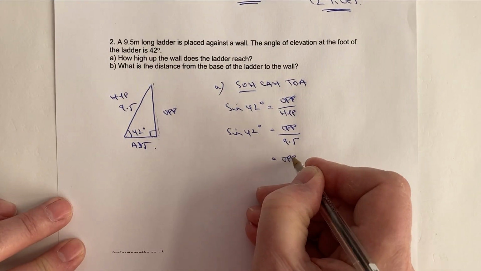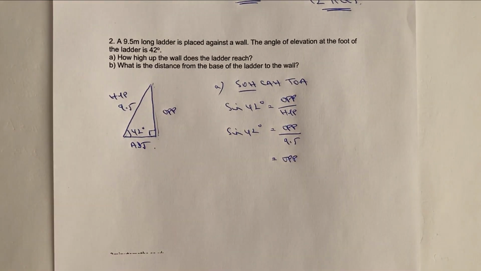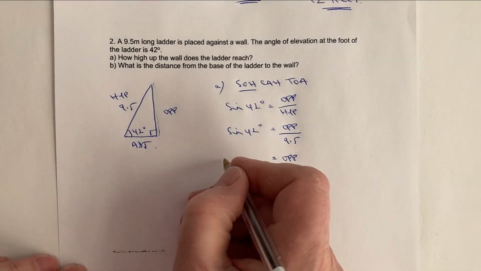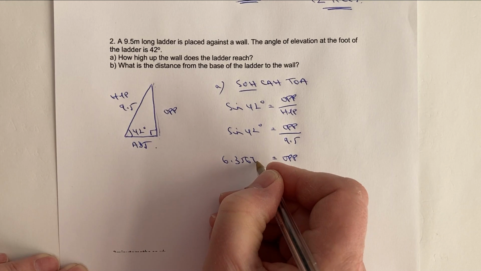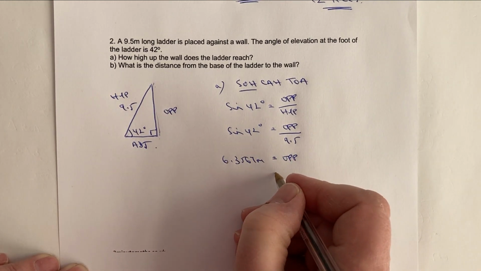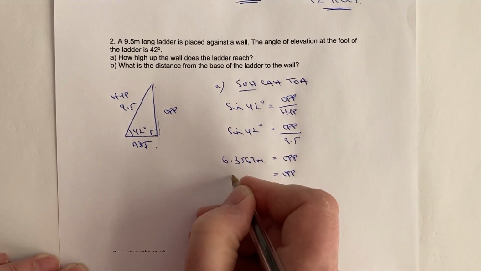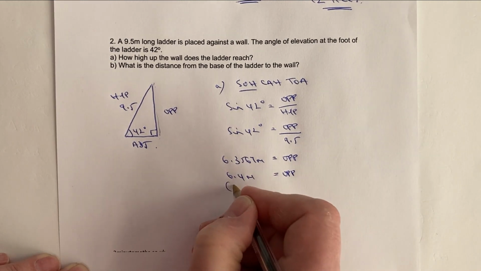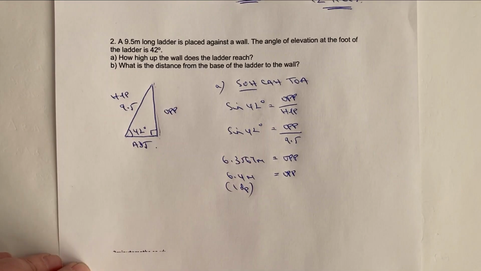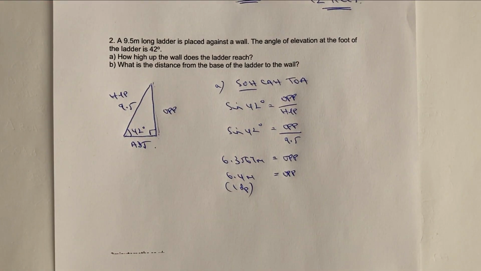So the opposite is going to equal 9.5 times sine 42, which is 6.3567 meters. Good enough is the opposite equals 6.4 meters, to 1 decimal place. Hopefully that's all right for you.